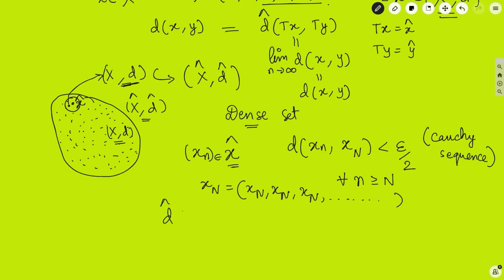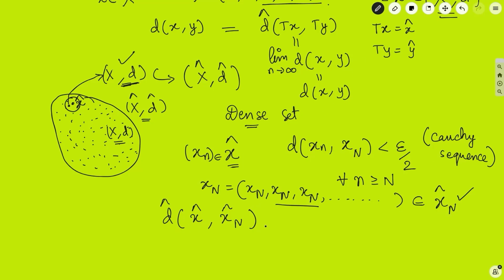Now let's calculate the distance between x hat and x_N hat. What's x_N hat? This sequence belongs to x_N hat, that equivalence class of Cauchy sequences. This is also Cauchy, which you get by mapping this x_N point from this metric space. From this metric space, you constructed this, and it is in this x_N hat equivalence class.